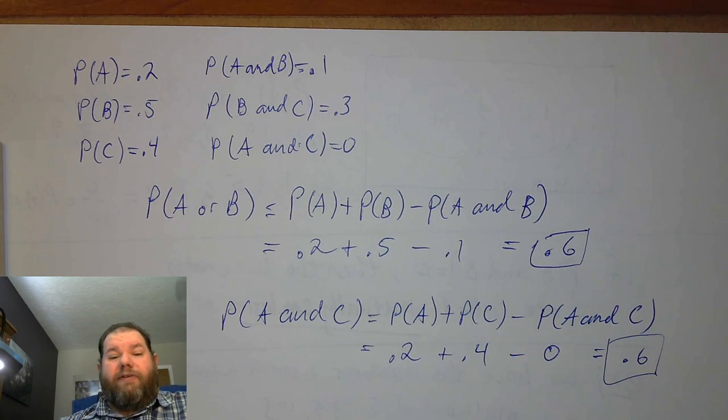The book gives this as a separate formula, but I think if we just use the original formula and we know how to calculate each of the individual probabilities, then there's no need to work with the second formula. It's a simplification of the first one in one specific instance.